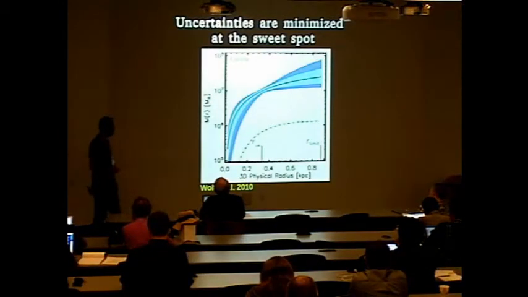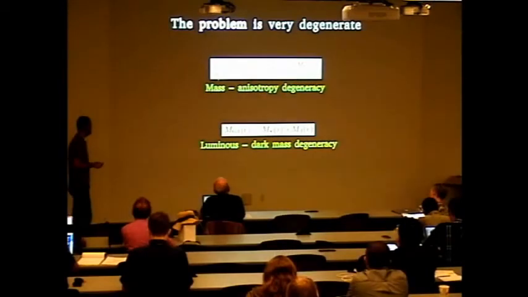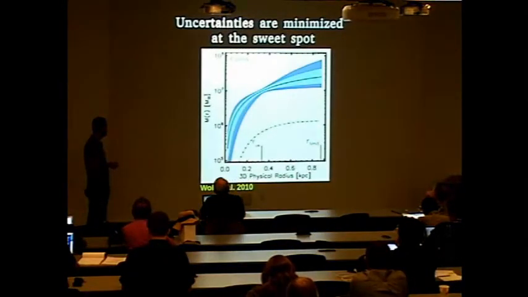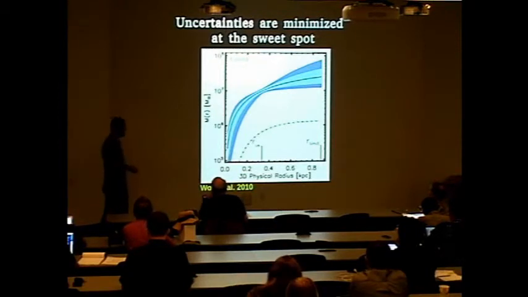Okay, for reference, this is the stellar mass of this galaxy, and as you can see in dwarfs, you can confidently state that the stellar mass is negligible with respect to the dark matter mass.